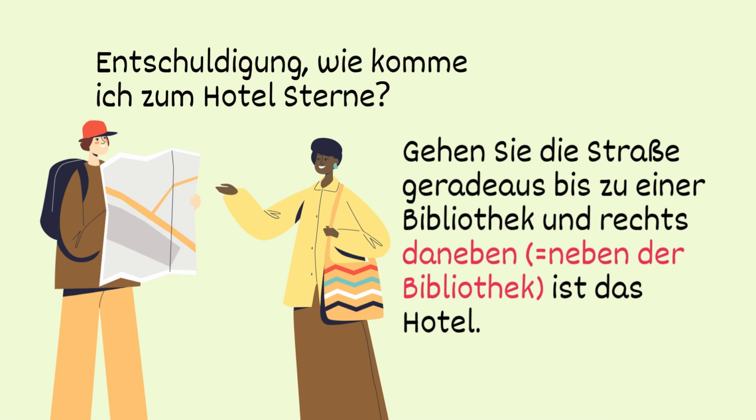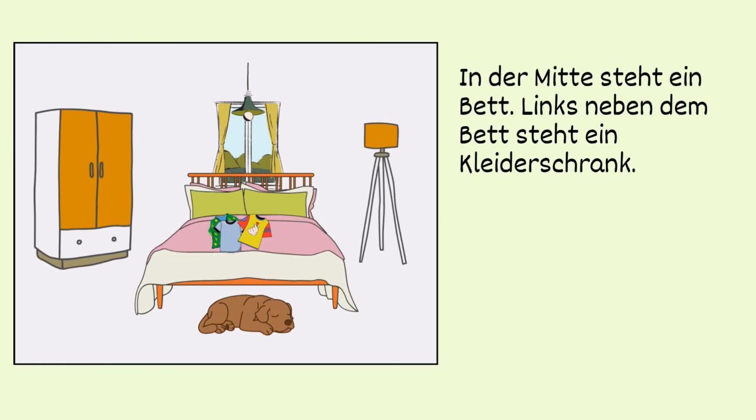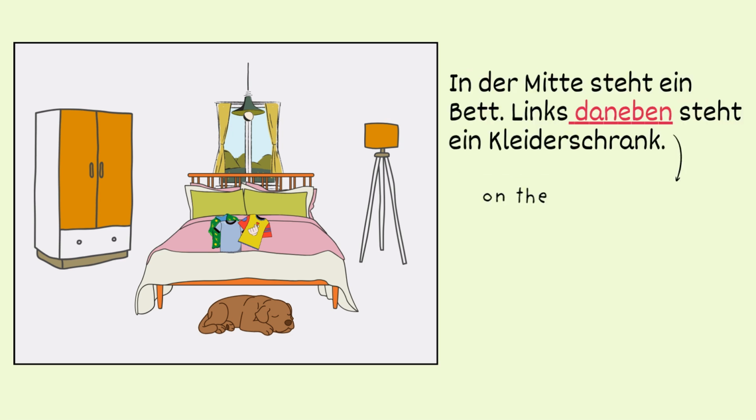Let's take a simpler example. In der Mitte steht ein Bett, ja? Links neben dem Bett steht ein Kleiderschrank. Now here, to avoid repeating the word Bett again, we'll just say, links daneben steht ein Kleiderschrank. On the left next to it is a wardrobe.